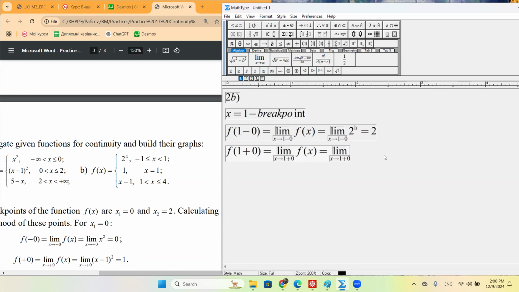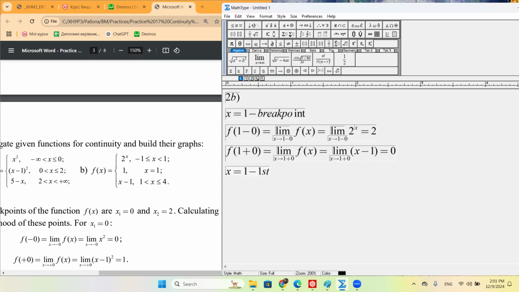Daniil? X minus 1. Yes, x minus 1, and it equals 0. So again, this is a breakpoint of which kind? Daniil? Jump. Yes, first kind.